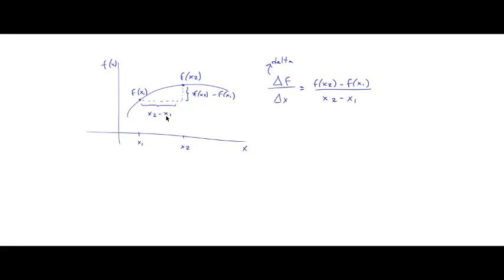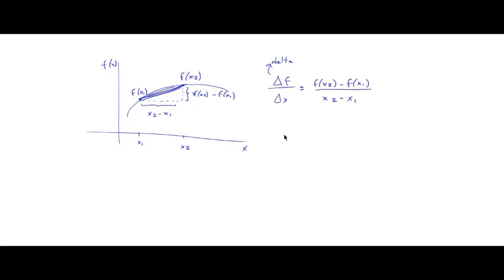That is given by the slope of this line. This division is actually the tangent of this angle, which is the slope of this line.